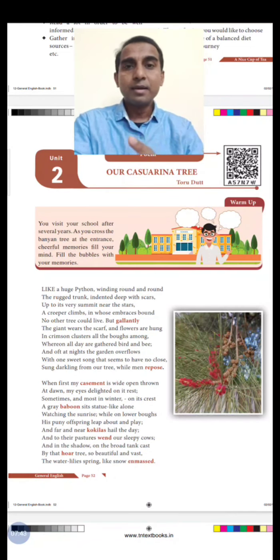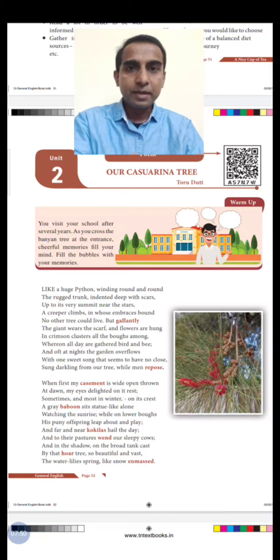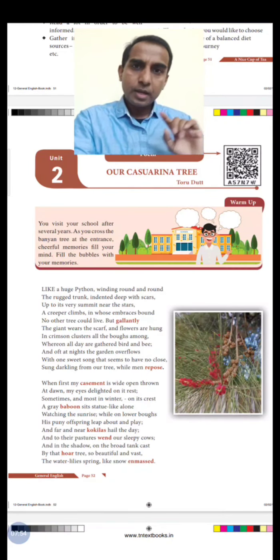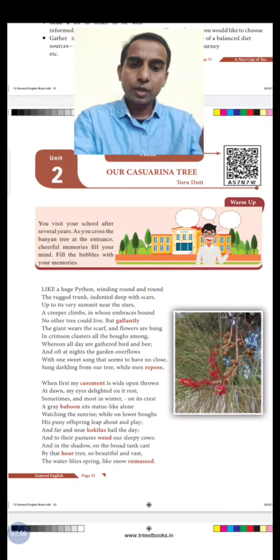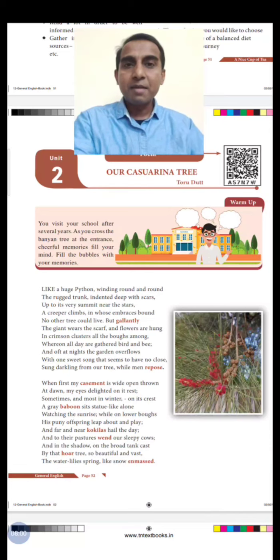So like a python. In that first line itself, you can find the figure of speech. The figure of speech implied there is simile, because it is a comparison, using 'like'. So like a python, the creeper was going round and round the trunk. The rugged trunk indented deep with scars.